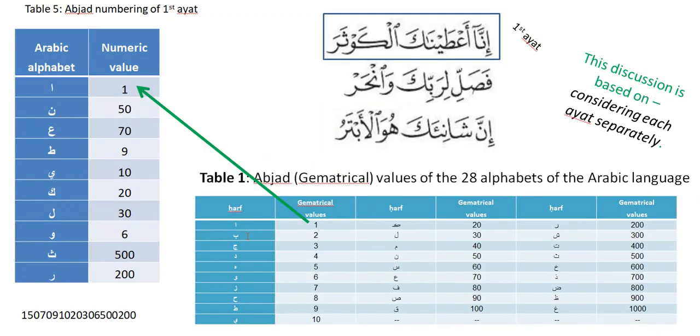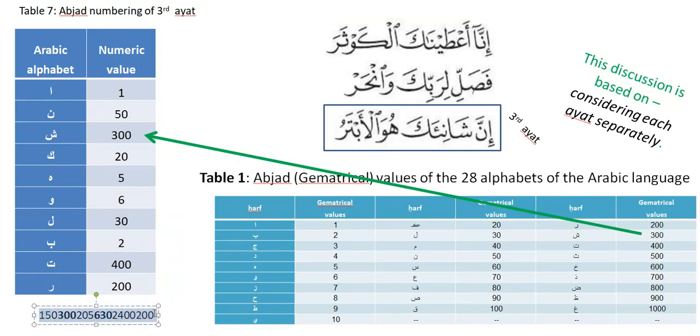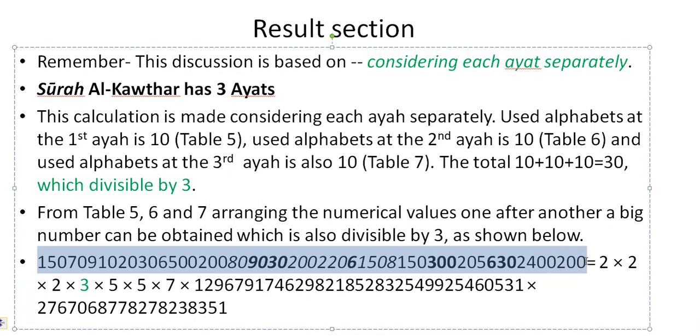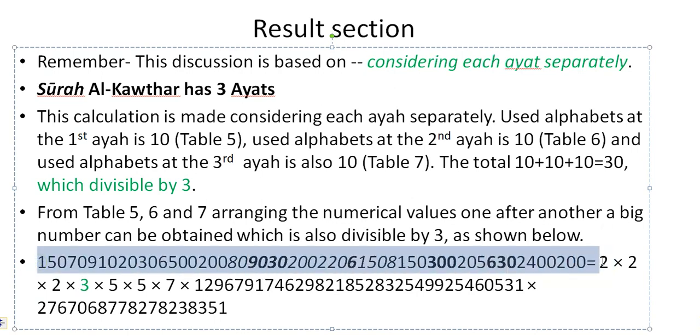We have this number as the first ayat, this number in the second ayat, and this number in the third ayat. Combining all these, we get this big number, and we see that this big number is the multiplication of these prime values, and it is also divisible by 3.